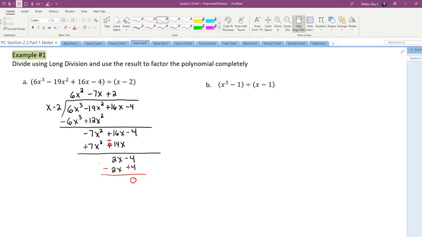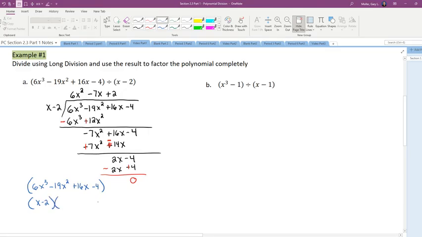I know that 6x cubed minus 19x squared plus 16x minus 4 can factor into x minus 2 times, right, x minus 2 times what I got here, 6x squared minus 7x plus 2.